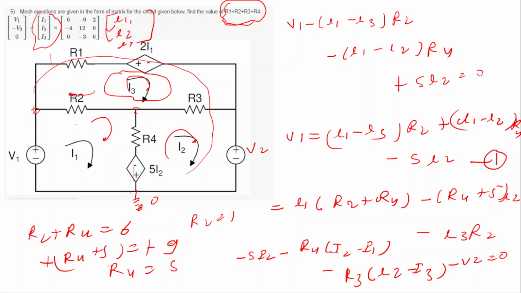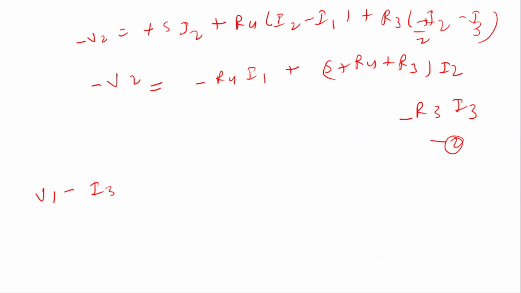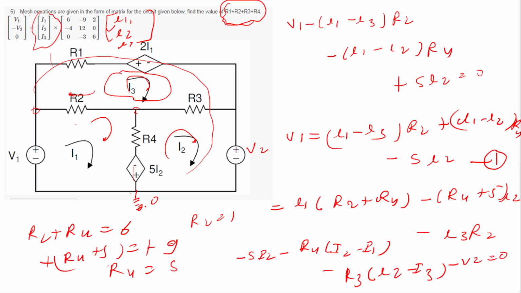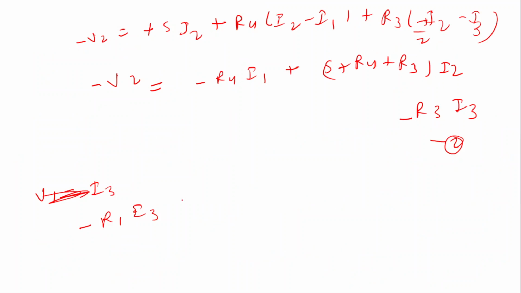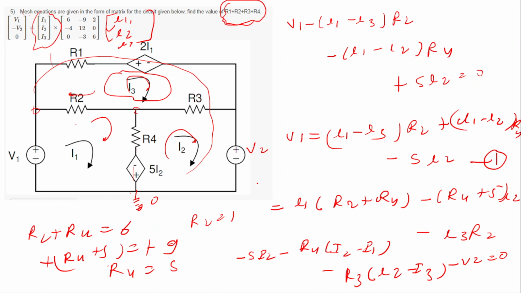There is a drop of I1 times R1 times I3. So let's move: minus R1 times I3, minus 2 times I1, then we reach here and then we move in this direction.